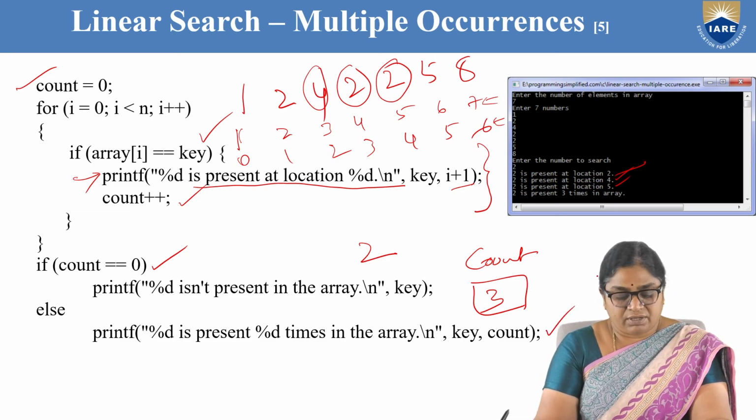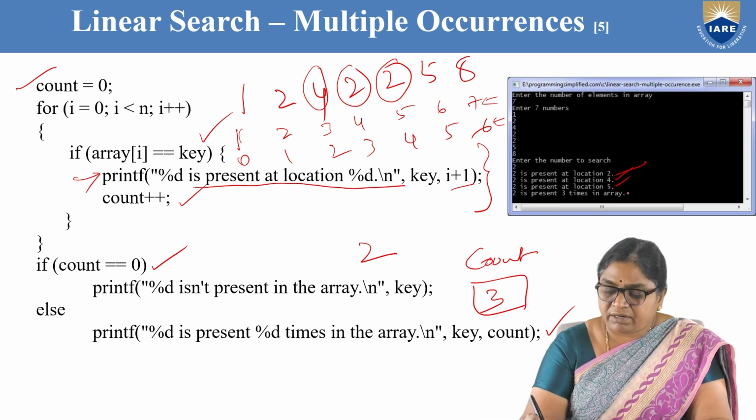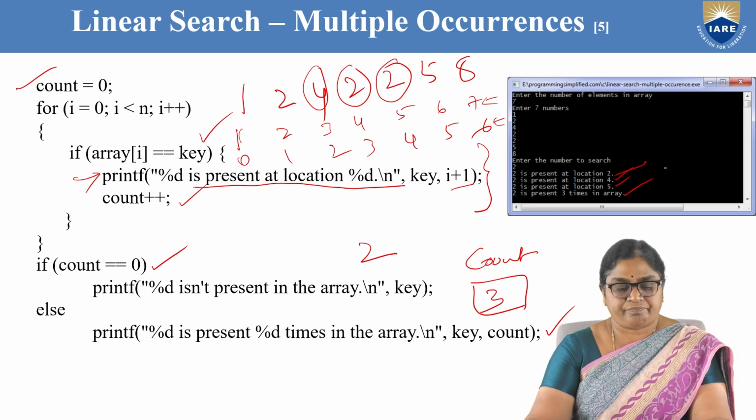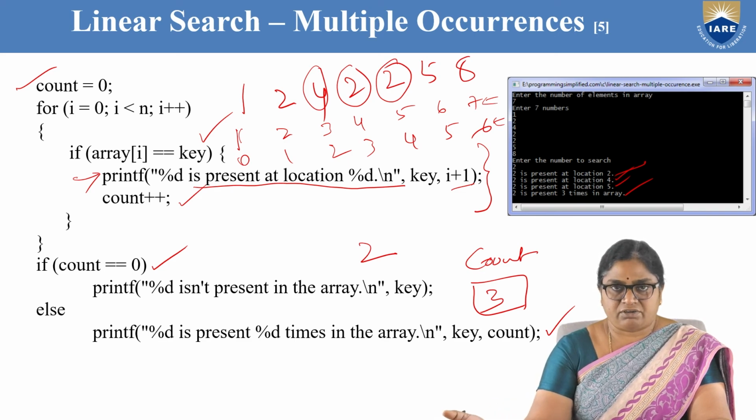So in that one we are displaying that key element 2 is present 3 times in the array. So that is nothing but generating the last statement. So this is how we are going to check multiple occurrences of some element in a given list of elements.